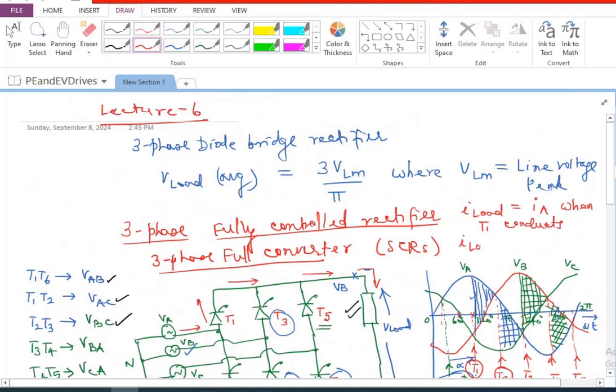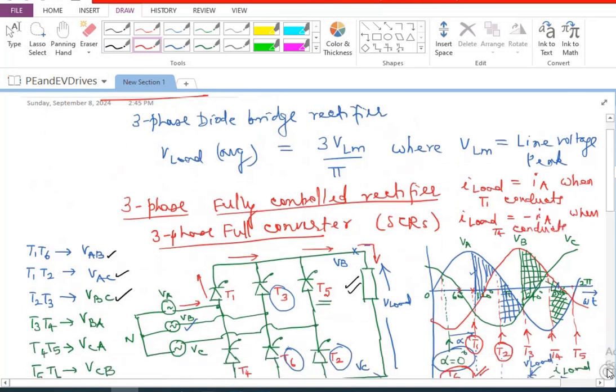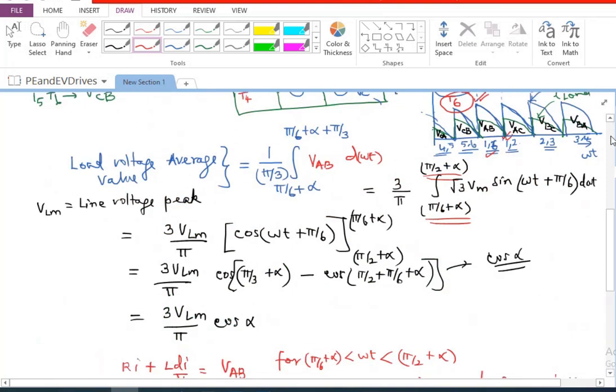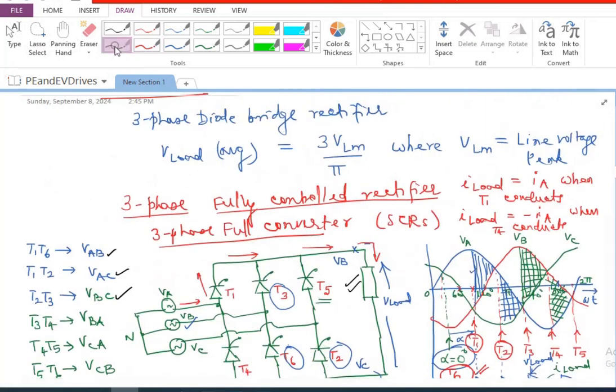Otherwise, I load will be equal to minus IA when T4 conducts. So when the negative device conducts, you are going to have actually the current flowing in like this, and flowing in the opposite sense.